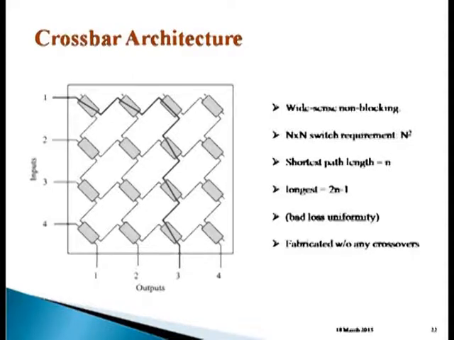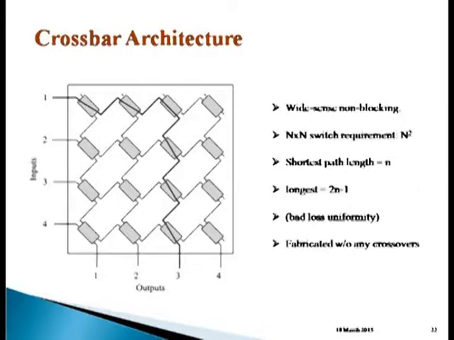The more switches we need to cross, the more we face losses, crosstalk and delay. So these are important points to take care of when we go for a higher order design. Similarly, bad loss uniformity. There will be a loss when I connect one input to an output, but for all possible input-output connecting patterns, the losses should remain the same.